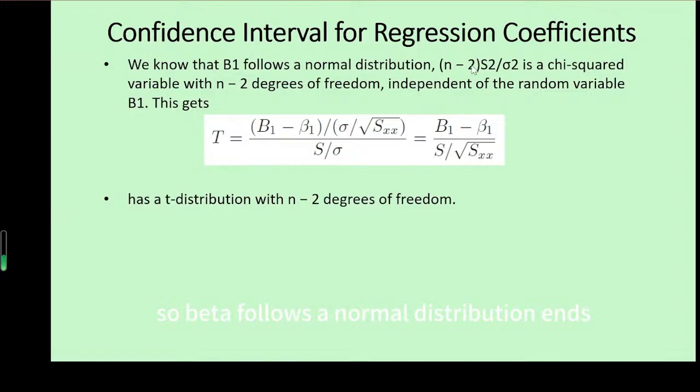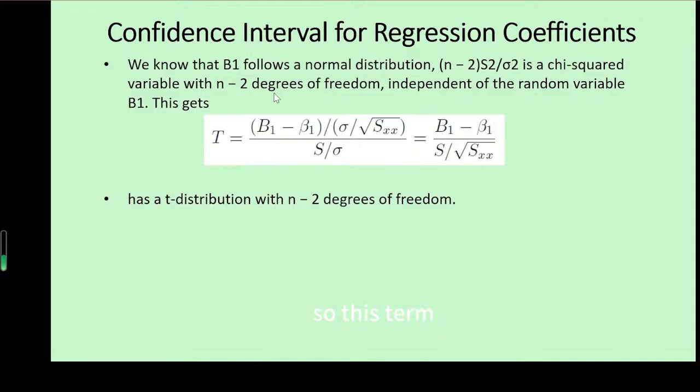So beta 1 follows a normal distribution, and from other videos or previous knowledge, n minus 2 times s squared divided by sigma squared follows a chi-squared distribution with n minus 2 degrees of freedom.